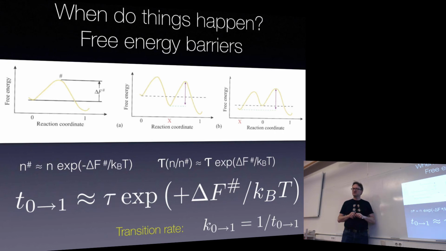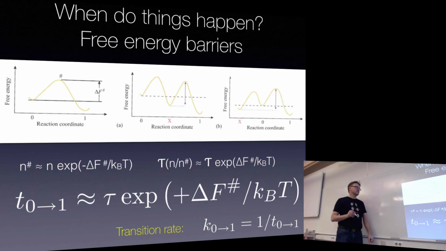What is it that you need to get through? If you are at 0 and you want to get to 1, where do you have to go first? 0.5. Well, and what is that 0.5? A higher energy state. You need to get to the top of the barrier. If you don't get to the top of the barrier, do whatever you want, but you're not going to get to 1 unless you first get to the top of the barrier.